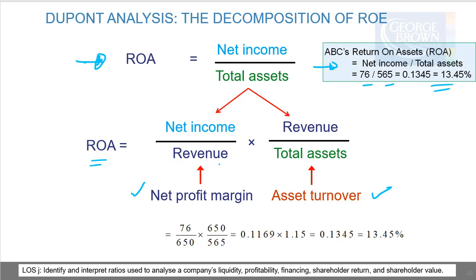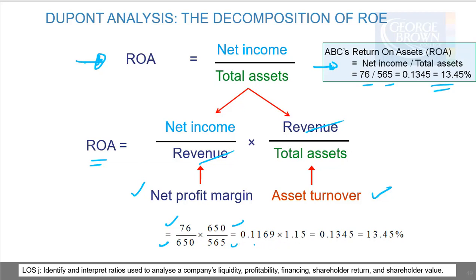Okay, so again, by just scratching out the numerator and denominator, you can see we're back to our net income divided by total assets. We've just expanded the formula by using a little bit of algebra. And so we can see net income over revenue. Net income was 76 million. Revenue was 650 million. So again, 650 million. Total assets was 565.